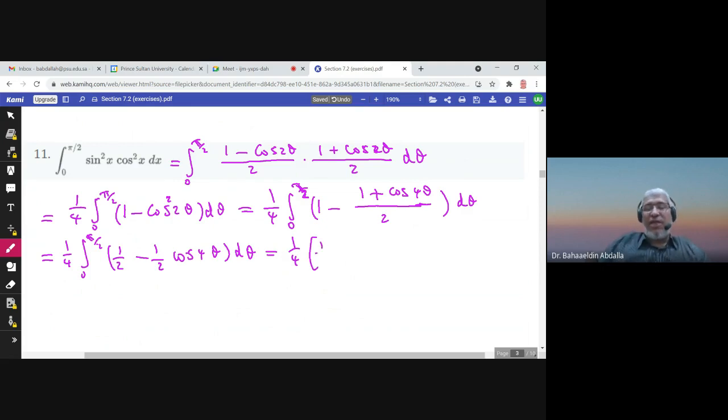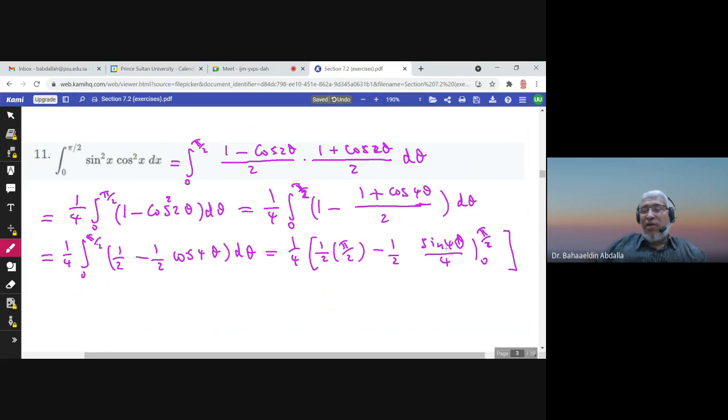Integral of half is half times half x, or half theta, or you replace theta by pi over 2 minus 0, minus half. Integral of cosine 4 theta is sine 4 theta over 4 from 0 to pi over 2. Okay.